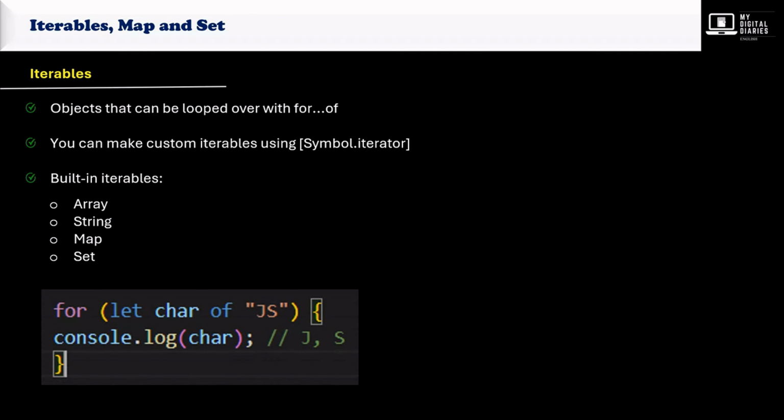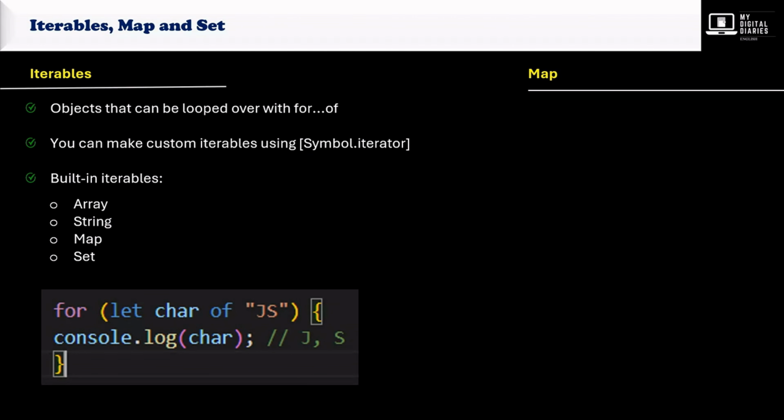Here is an example of a for...of loop over an iterable, where we are iterating with let character of JS. JS is a string, so each character is getting separated here, with console.log. That's how an iterable works.